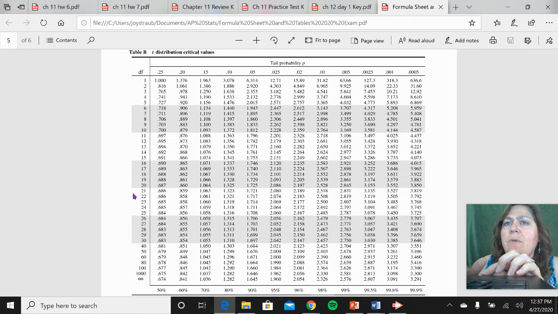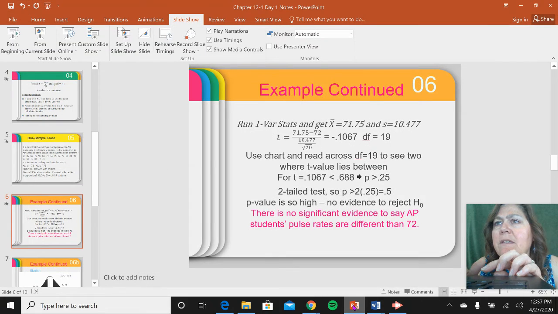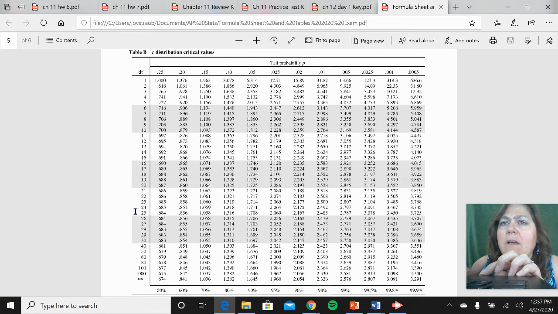Okay, so we had degrees of freedom 19, and I look across, here's all the t values. Our t was 0.1067. So I go across 19, and I see how they're getting bigger and bigger, but 0.1067 would be less than this 0.688 here on the end.